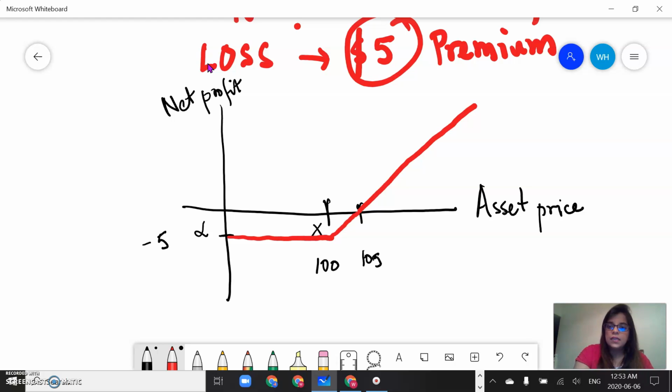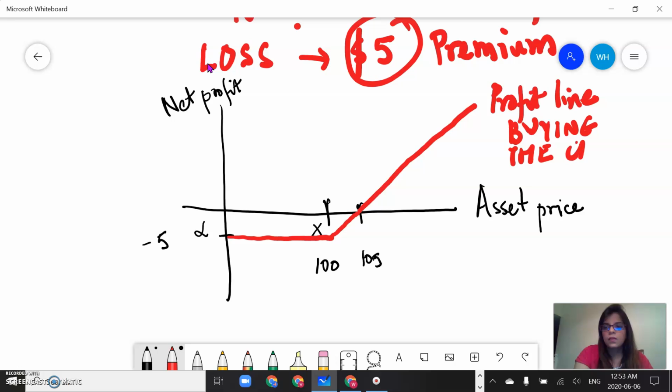After that, there is a steady increase in his profit. So this is known as the profit line from buying the call. At an asset price or stock price below $100, he will choose not to exercise the option, he will have a loss of $5.